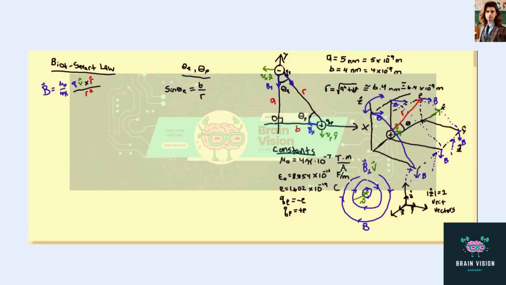So to finish our setup on this problem, what we want to do is solve for these angles. These will come in handy a little bit later, but let's solve them right now to get them out of the way.